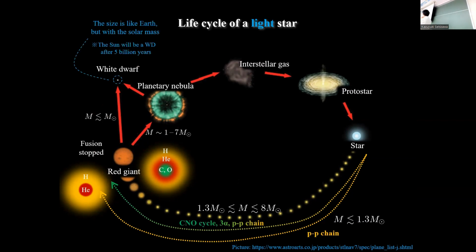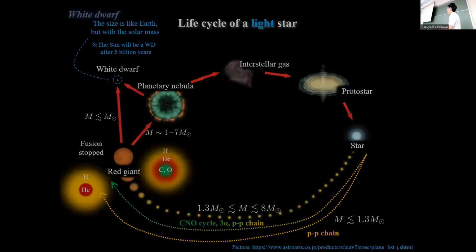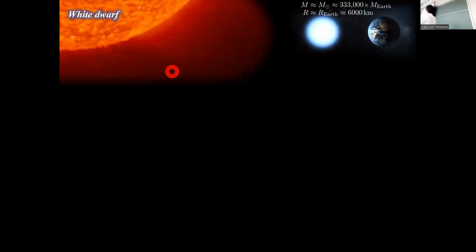Okay, so let me say a few words about what's inside of the white dwarf. What is a white dwarf? Here, as you can see, this is the Earth, and this is just an image of a white dwarf. The size of the white dwarf is similar to the size of the Earth. But the mass is different. The mass is like a star.